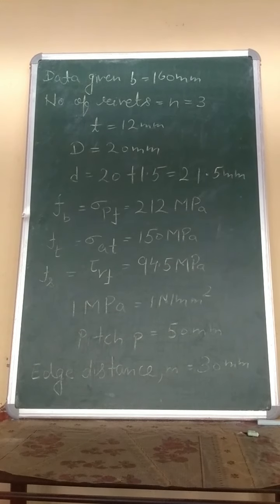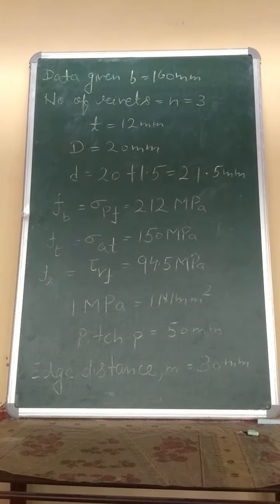Let's start the solution. What we have given in the question: B, width of the plate, is equal to 160 mm, number of rivets N is equal to 3, T, thickness, is equal to 12 mm, D, nominal diameter, is equal to 20 mm.